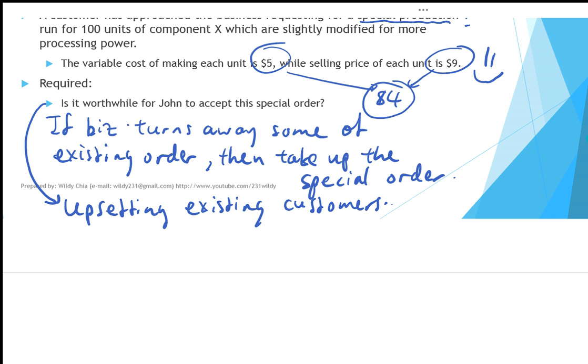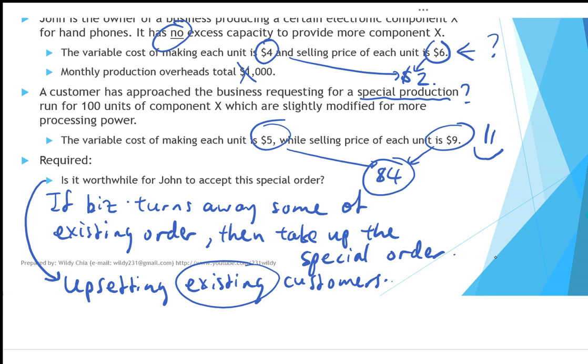Is the business prepared to upset the existing customers and tell them to go away, and at the same time take on the special order? It's quite a tough decision to make, because if you tell the existing customers to go away so that you can take the special order, these existing customers may never come back. That is a serious problem.